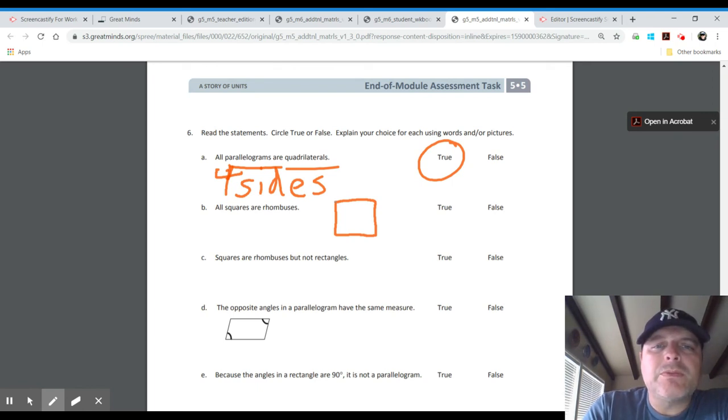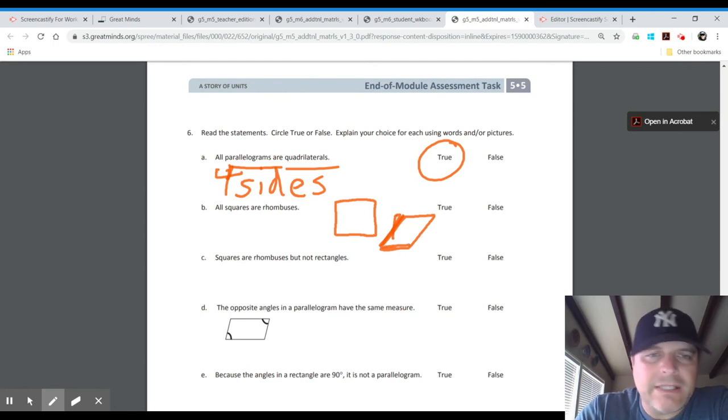In fact, most rhombuses have a slant and look like a diamond. They're kind of like a tilted over square. But all squares are classified as rhombuses. A rhombus has to have 4 equal sides. That's it. All squares have 4 equal sides. True. Yep, it's true again.